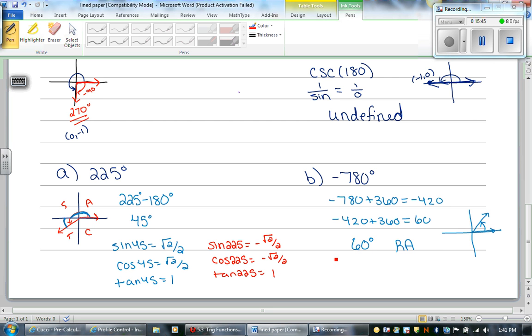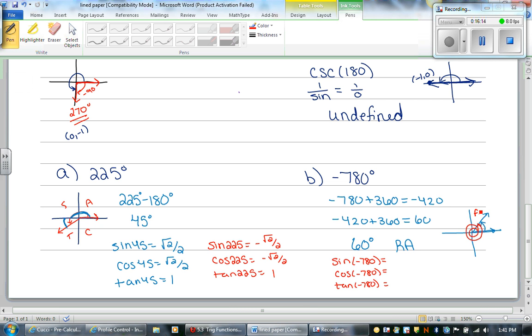All right, so now let's find sine of negative 780, cosine of negative 780, and tangent of negative 780. All right, since what I did was take out factors of 360, I know that the terminal side, I took out 2 rotations, would have looked like this to begin with. Okay, so it's still finishing in that first quadrant where we know everything is positive.